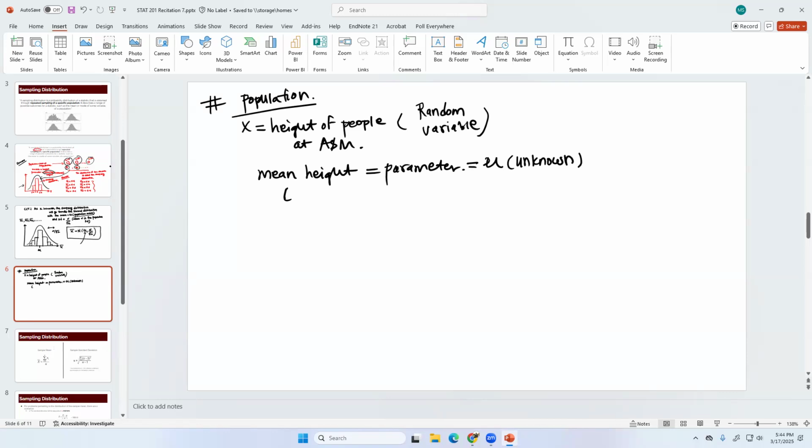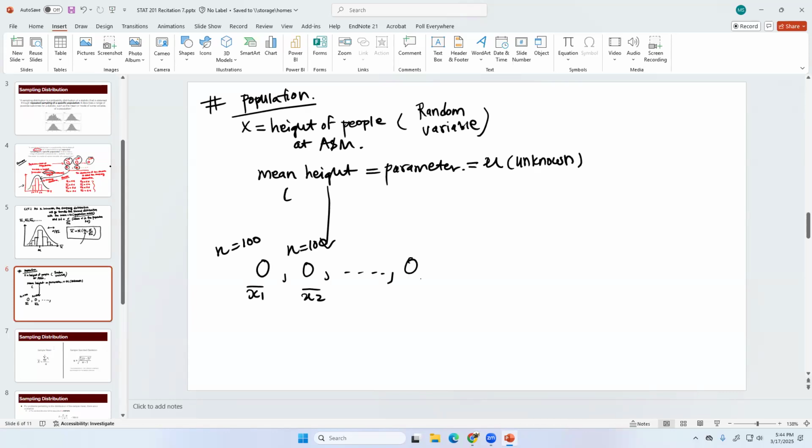Okay. So how do I find this? I use the central limit theorem, right? I take many samples from the population. Let's say n is 100 again. I take one sample, I find the sample mean of that sample. Okay. I take another sample of the same size, and I do this many times.